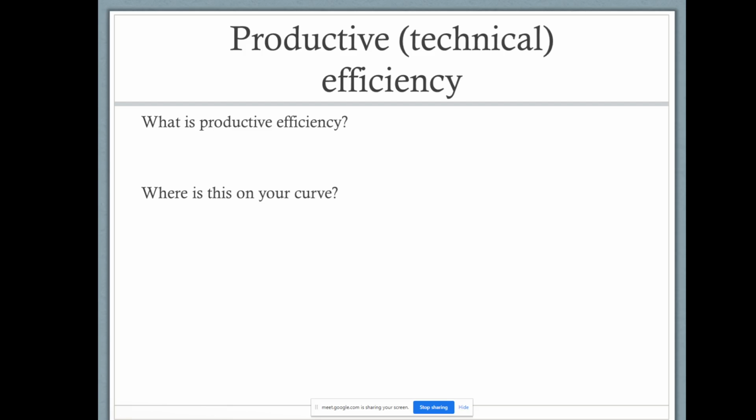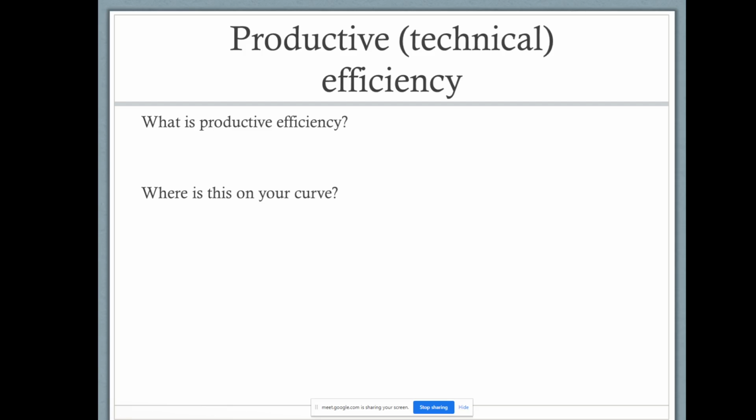Rafael says producing at maximum output at minimum cost. So Rafael also, I would say, is 50% correct. You have to cut out something from your sentence. But you guys are all on the right track.